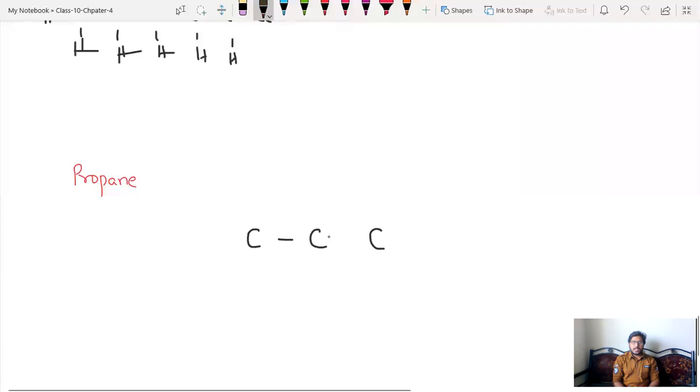So single bonds, and carbon should satisfy 4 valency. For the first carbon 4, for the second carbon already 2 is there, 3, 4. For the third carbon already 1 is there, 2, 3, 4. To draw propane, we have to represent all hydrogens. Now it is propane.